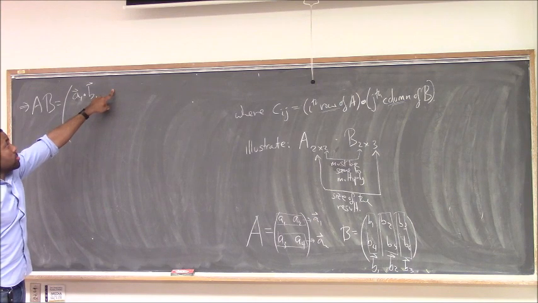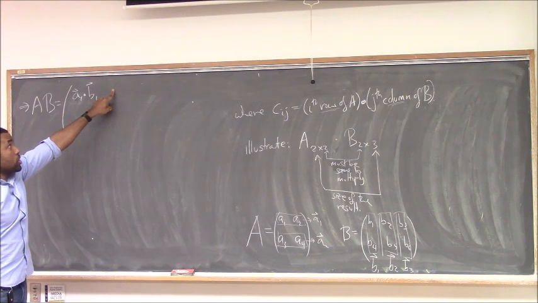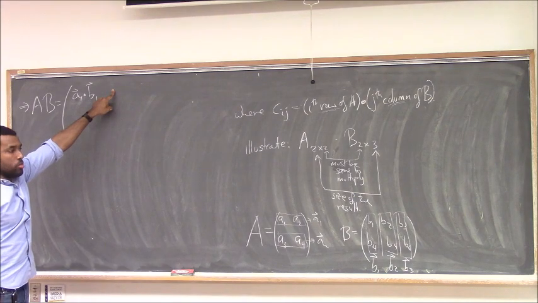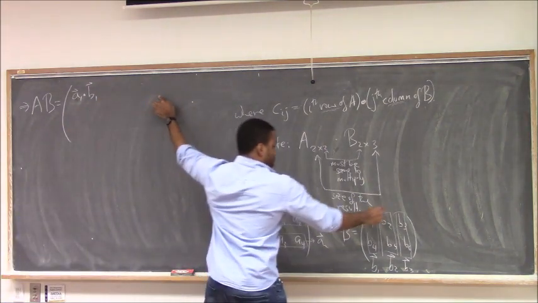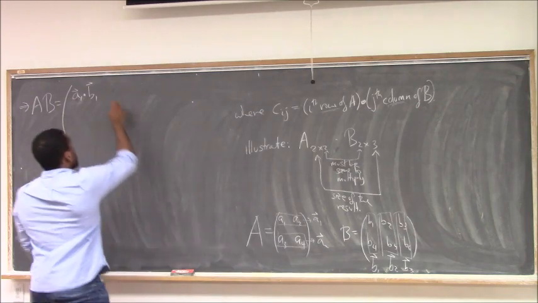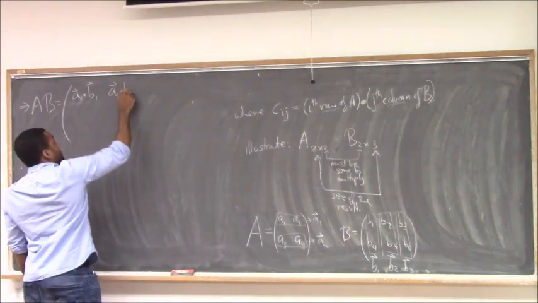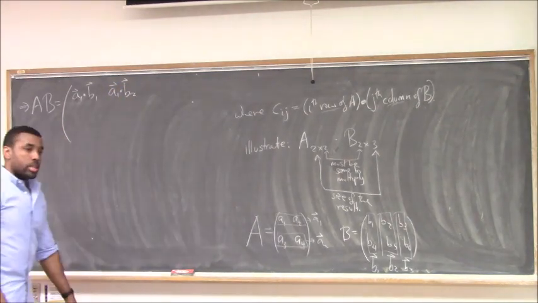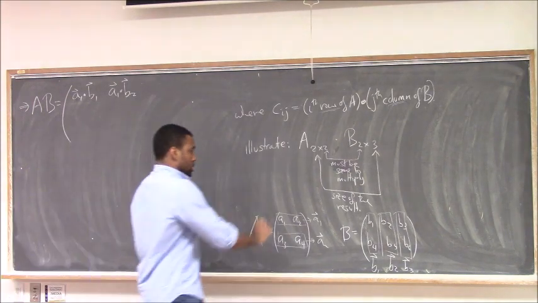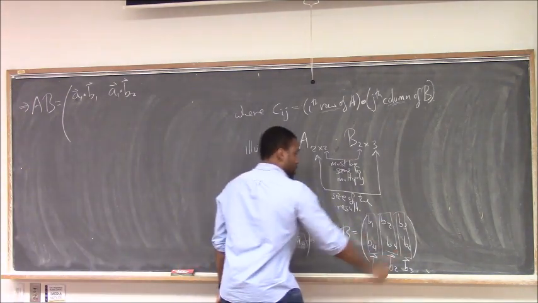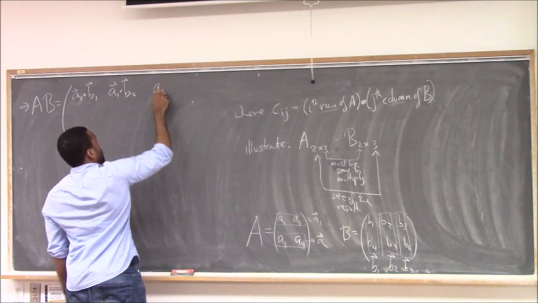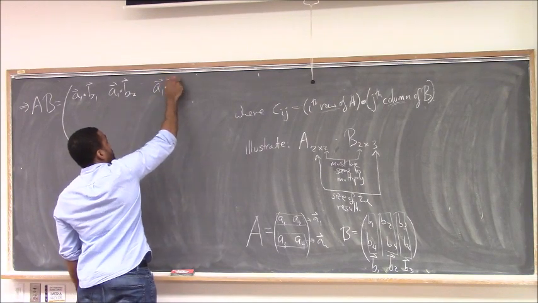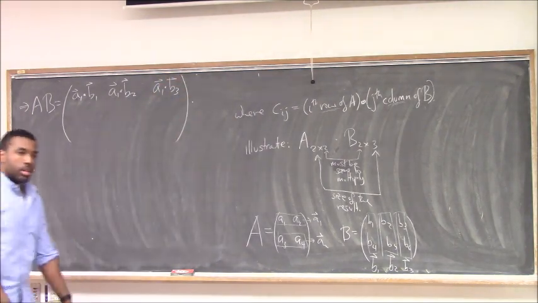The entry in position 1,2 comes from the first row of A dot the second column of B, so A1 dot B2. Continuing similarly, first row times the third column gives A1 dot B3. And there you end because there are no more columns.